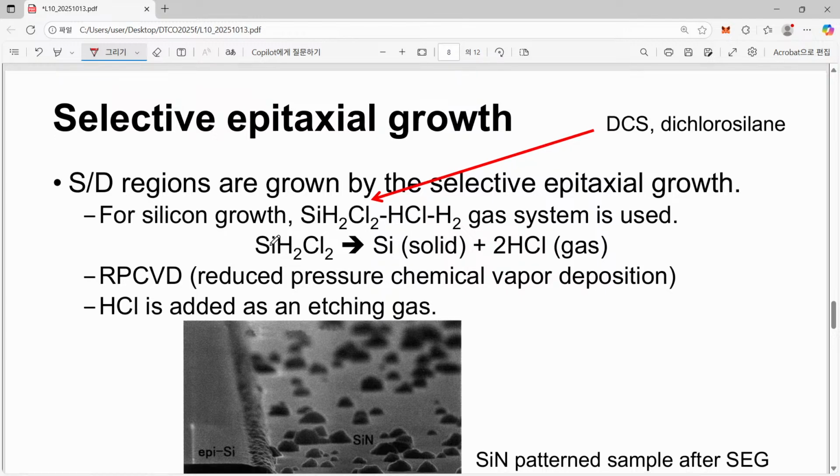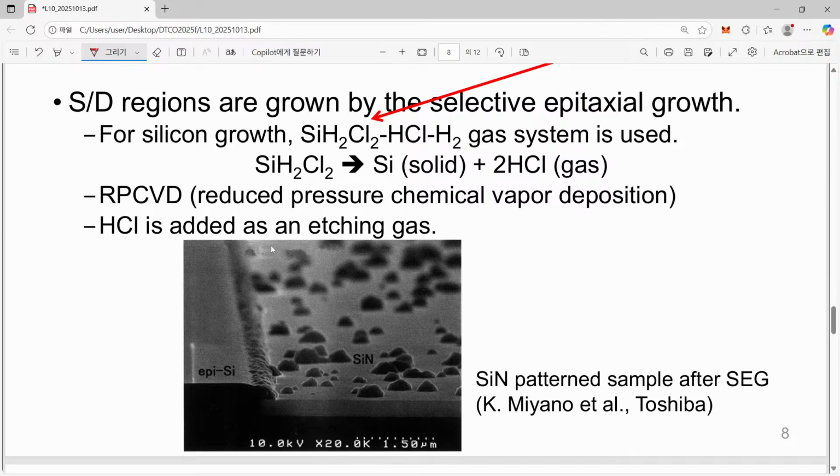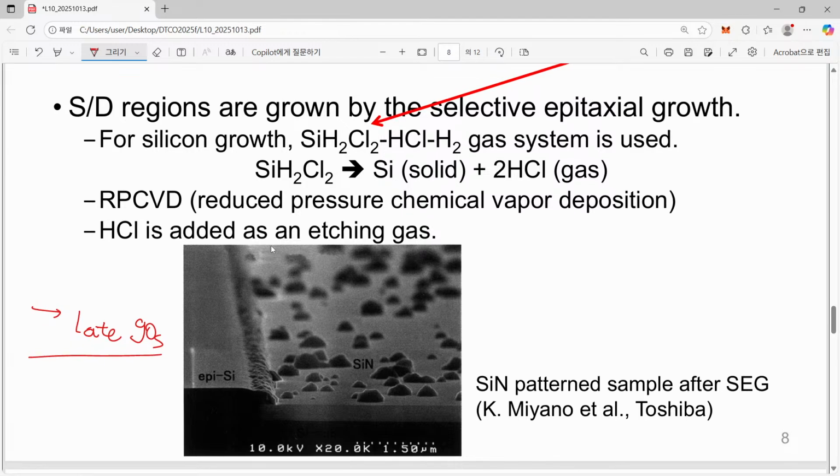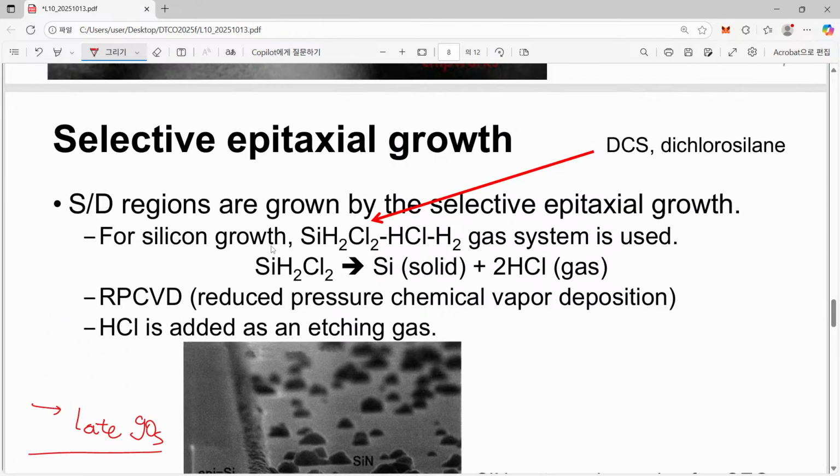So this paper, if I remember correctly, is maybe from around the late 90s, but even at that time, selective epi growth was not a new technique. It was known to us, however, it was not applied to actual fabrication.